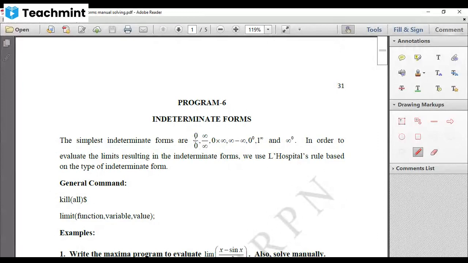It's not going to give you a unique value. For example, see here. 0 by any number, we know that it is 0, whereas any number by 0 is infinity. So it can take two values here. Or you know that a number by itself is 1. So 0 by 0 is 1.